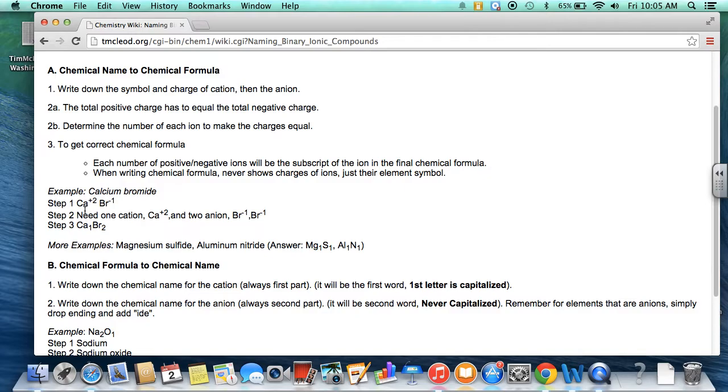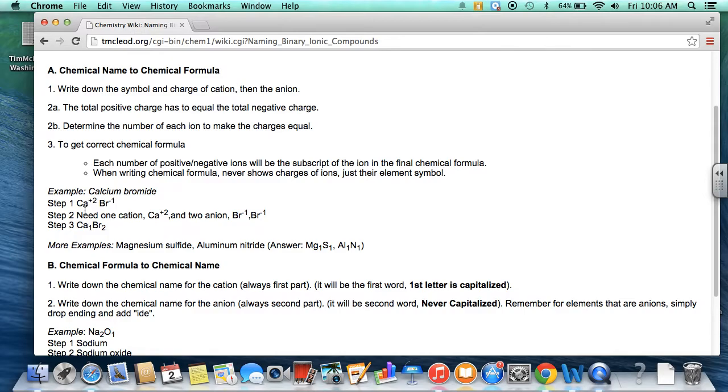Then when you actually write the chemical formula, you don't put charges in. What you show is the subscripts, and this is the important part: the subscript is the number of ions you need so that the total positive charge equals the total negative charge. On the positive side, the total positive charge you need is +2, so you only need one calcium ion, and that's why it's Ca1.